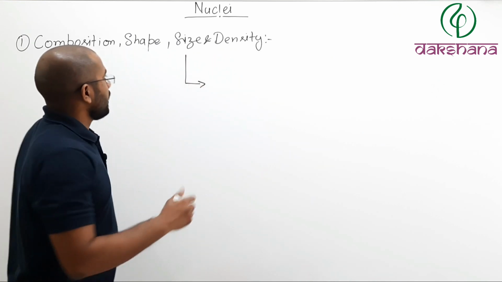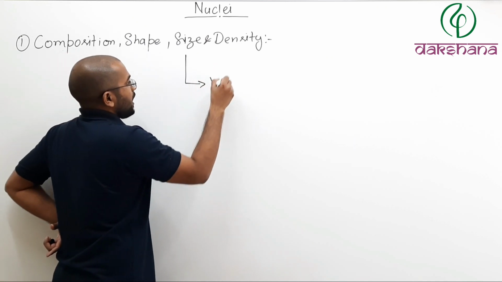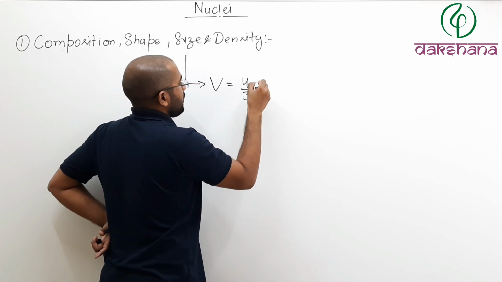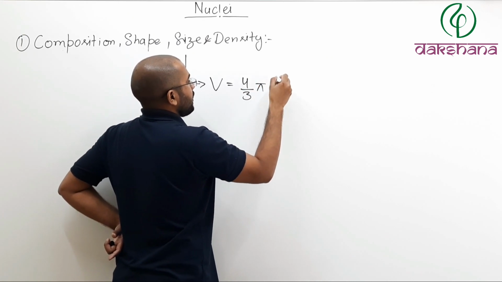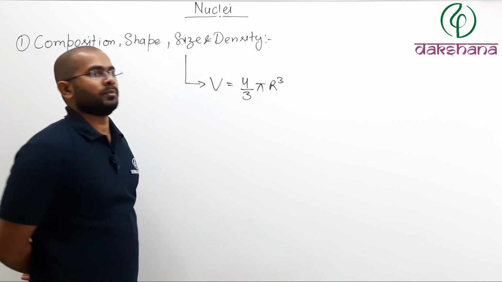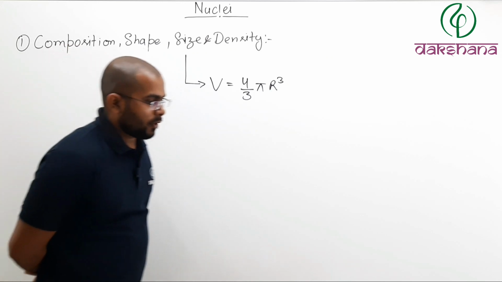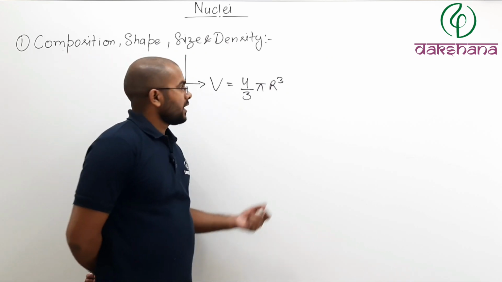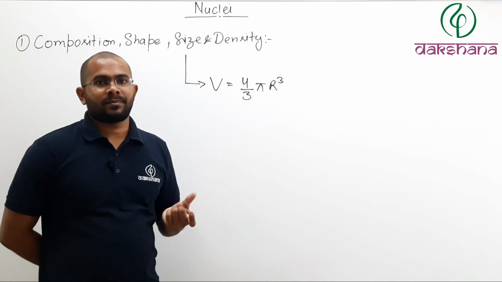So when you say size, you can write volume. Volume is how much? 4 by 3 pi times the radius of the nucleus cubed. And from experimental analysis, we came to know about the size of the nucleus.